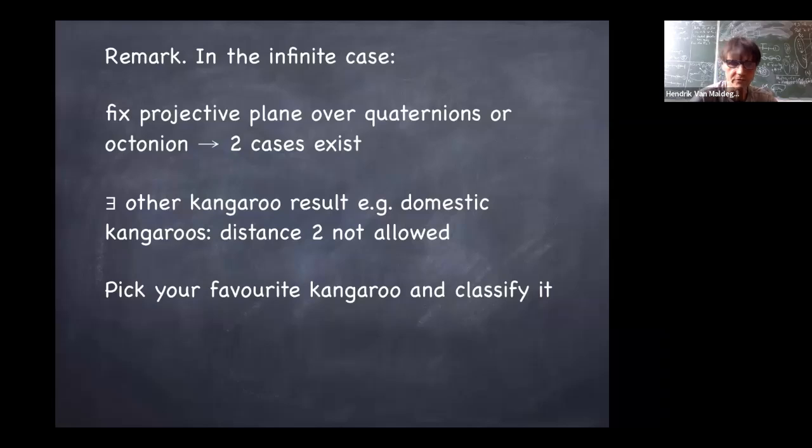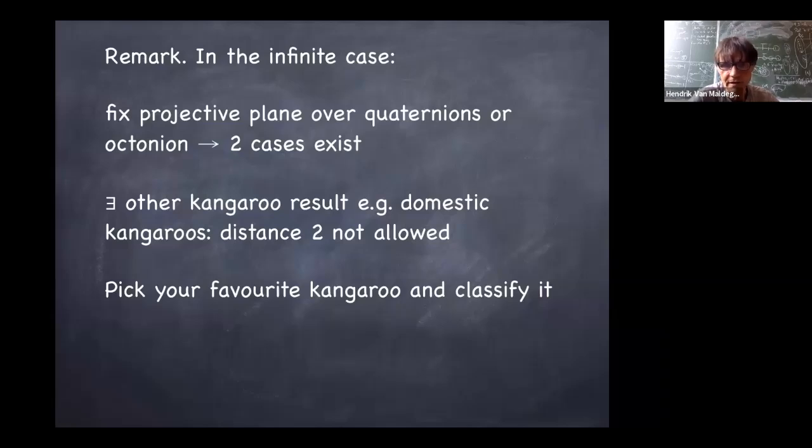You just skip one distance, or at least one distance is not allowed. If that distance is 1, then it's really a kangaroo. But if that distance is 2, then it's a domestic kangaroo, by which I mean it's domestic because you don't map points too far away. You fix it, or you map it to an adjacent one, and not to distance 2.